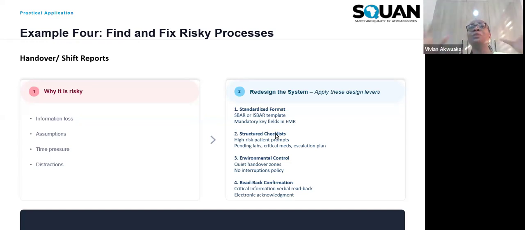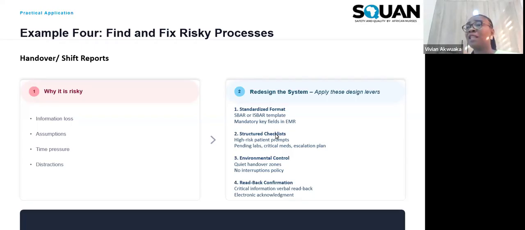It's not just about open text fields. You can design your EMR so that to document, all you have to do is tick, tick, tick, tick, and people have finished and moved on to the next patient, okay? Structured checklists, what I'm explaining now. Environmental controls: sometimes our wards are so noisy. All of those things also cause interruptions and distractions.